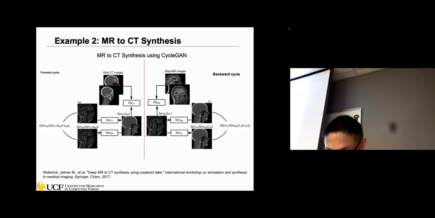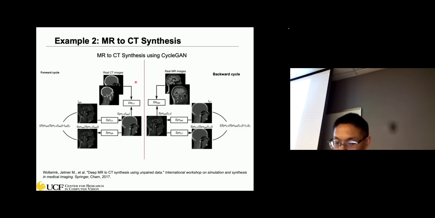Okay, and another example is MRI to CT synthesis, right? In this case, they are using the CycleGAN. In a lot of applications we don't have this pair, right? For CT and MRI, only if you ask the patient to go through a machine that can simultaneously scan MRI and CT, otherwise you cannot generate a paired image.